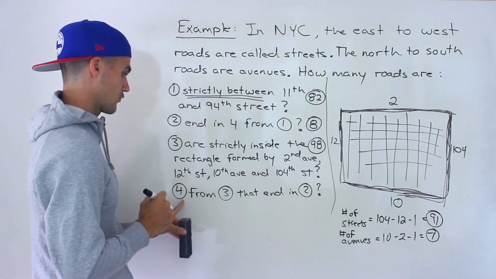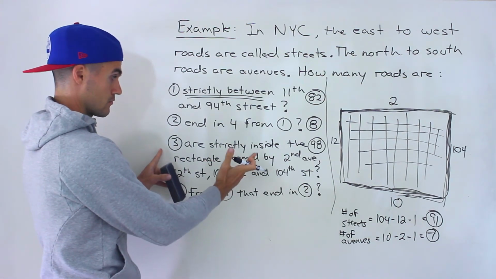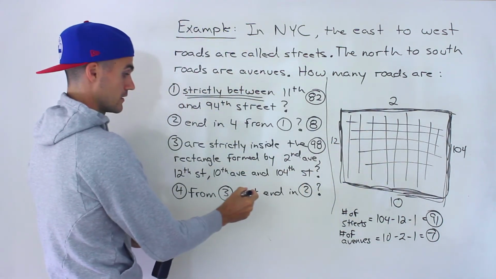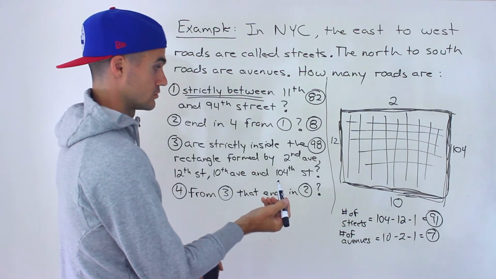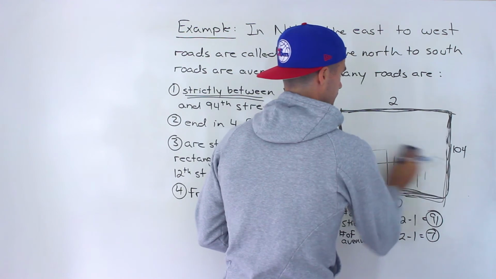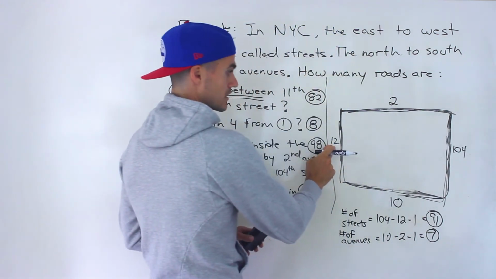And then number 4 is asking, from those roads in number 3, all the roads inside this rectangle, how many end in 2? If we start with the streets, it's definitely not going to be the 12. That's not going to be included.